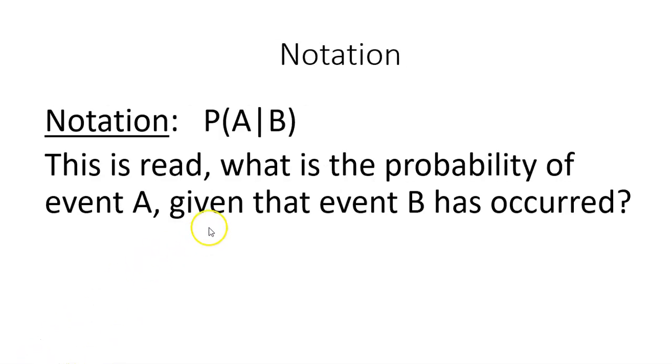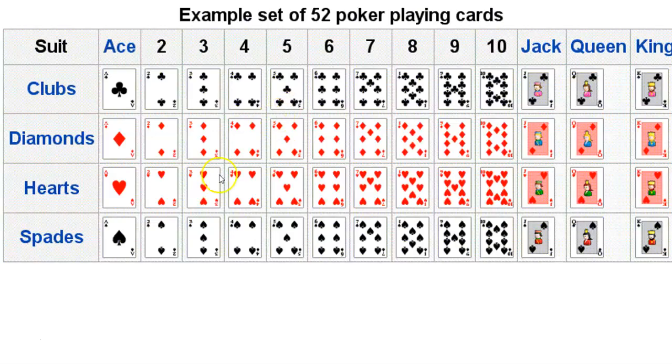First, some notation. If I see this, the P out front means I want the probability of these events happening. This is two events, event A and event B. Right now we don't know what those events are, but as we look forward, we will have an idea of what those events are. So we read this as, what is the probability that event A will occur given that event B has already occurred?